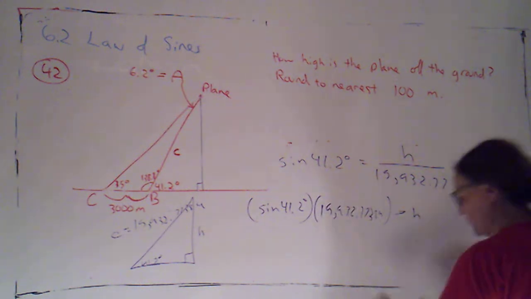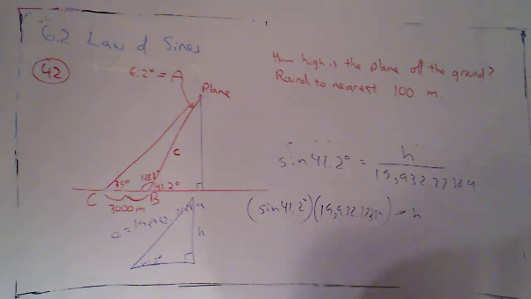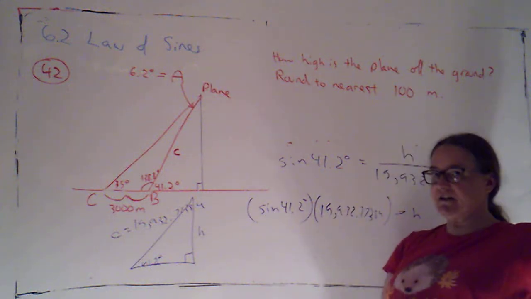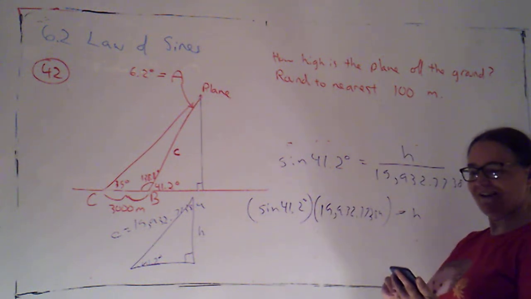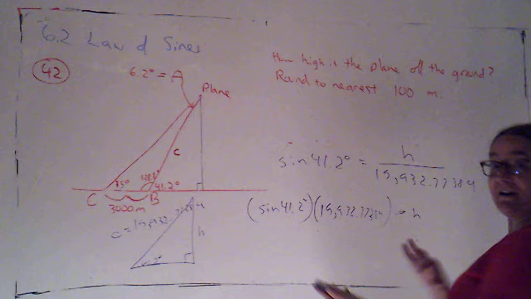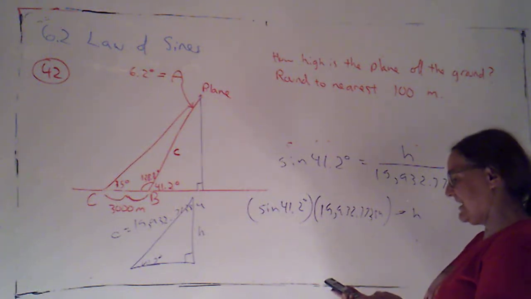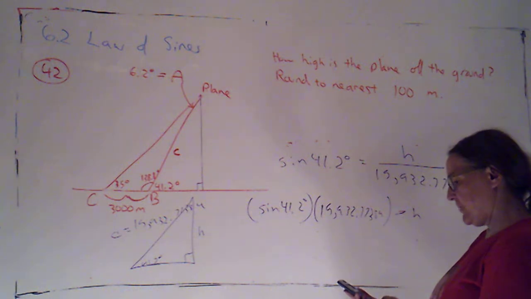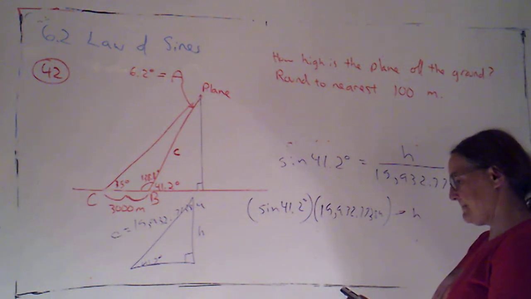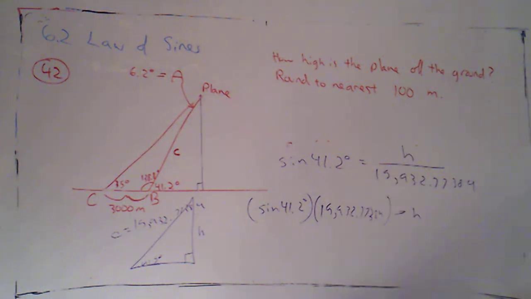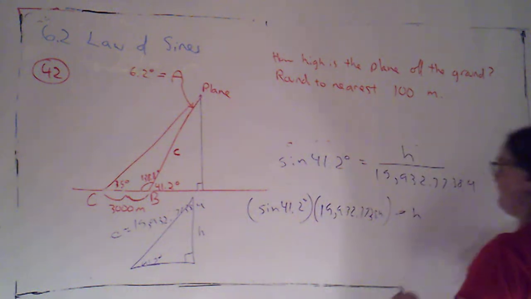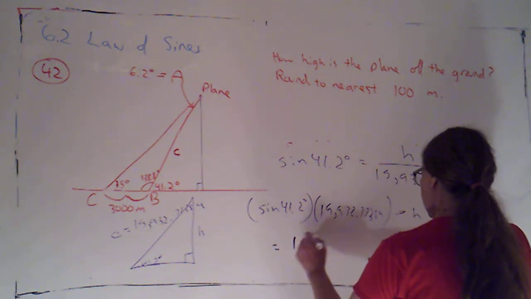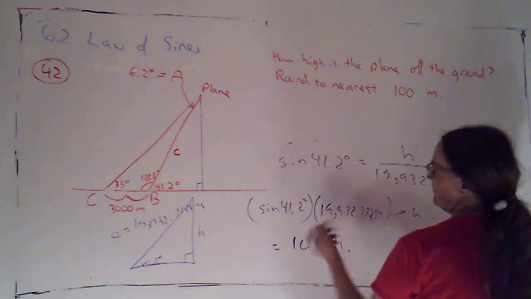Now, I didn't really have to write all those digits every single time. I've still got that number on my calculator, so I don't have to punch in the digits again. I'm just going to hit times sine of 41.2 degrees, and I get 10494 point blah, blah, blah.